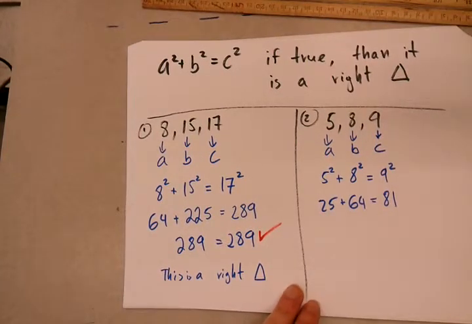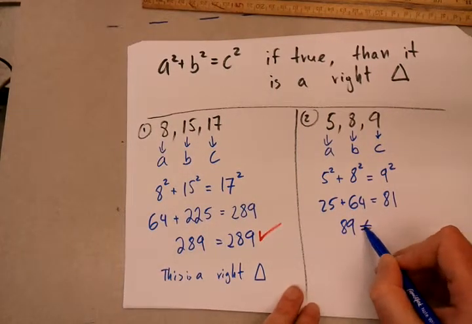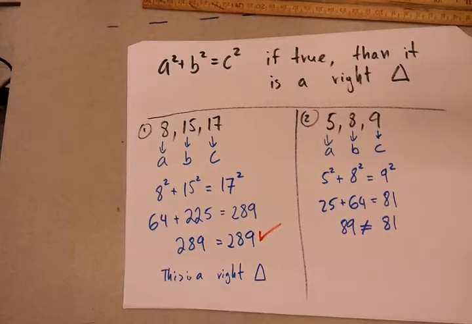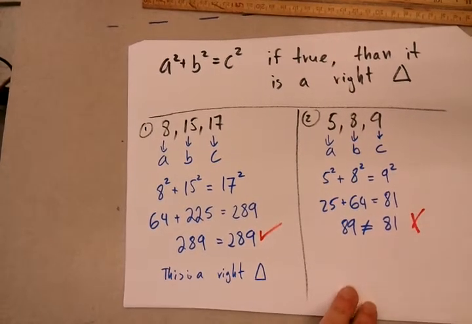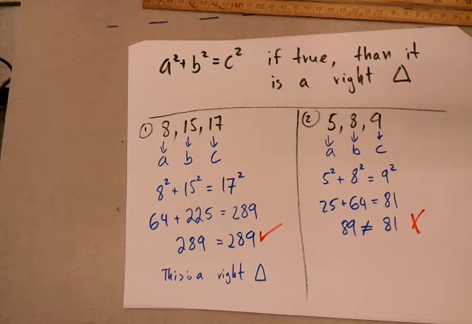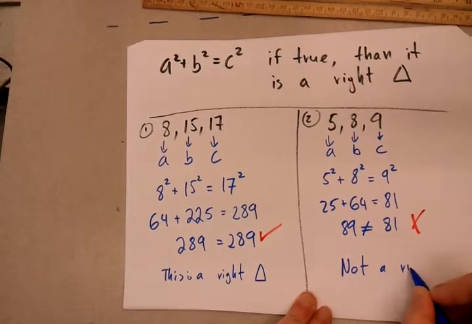If you add 25 to 64, you are going to get 89, which does not equal 81. So in this case, these three sides failed the Pythagorean theorem. So not true, which means you can conclude definitively not a right triangle.